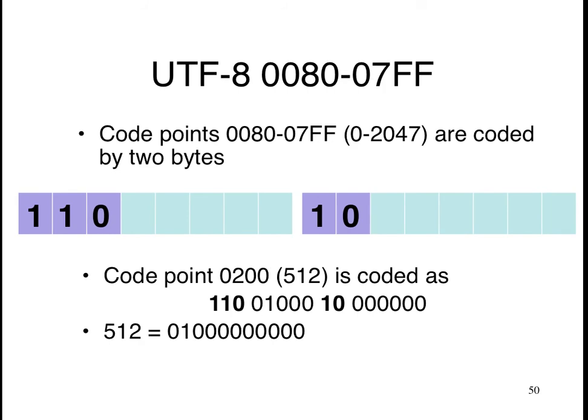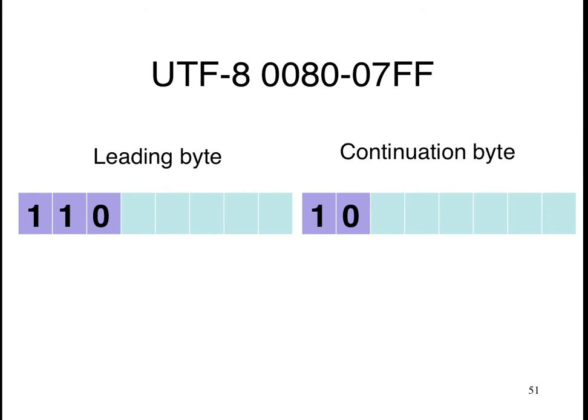So where we have 110, that's telling us that this is the first byte of a 2 byte character. Okay? And the 110 marks the start of the leading byte, and then the second byte, the continuation byte, is marked with a 10. So we saw this in the last class.